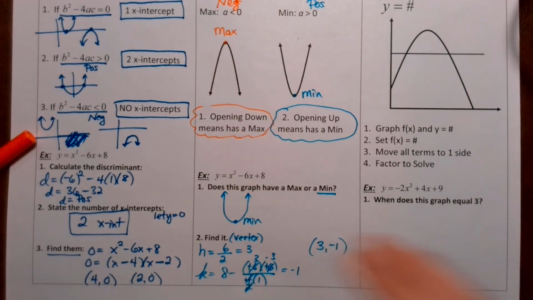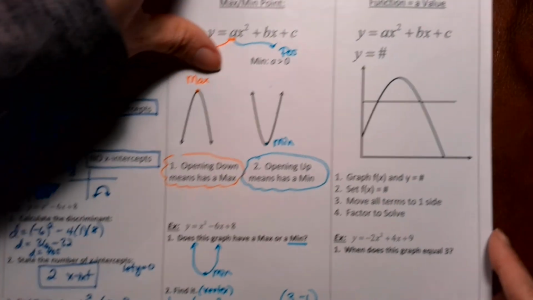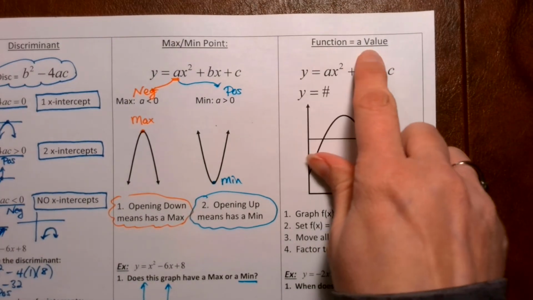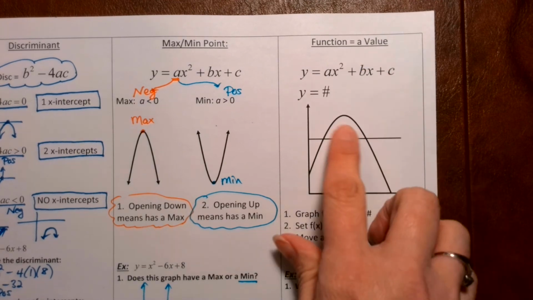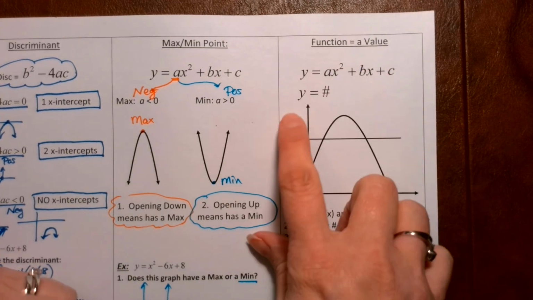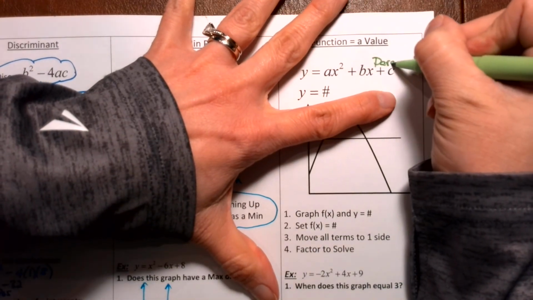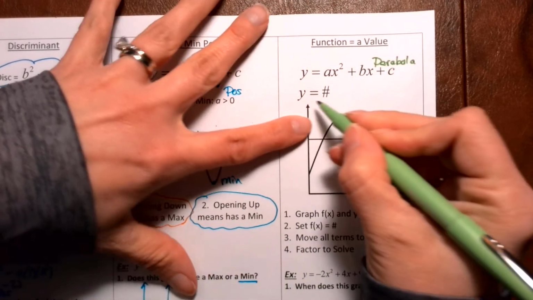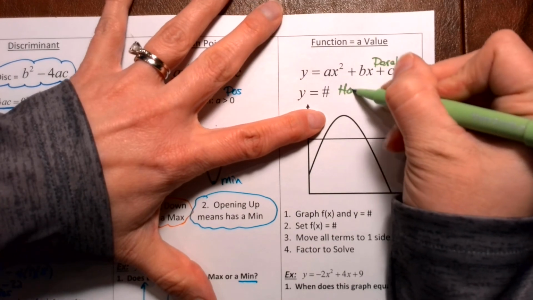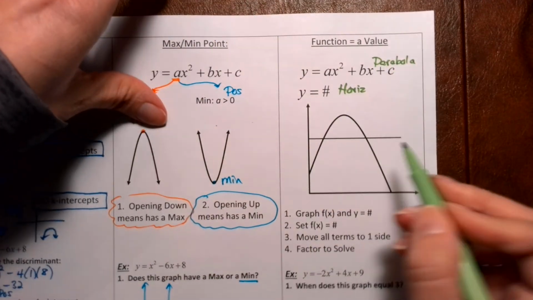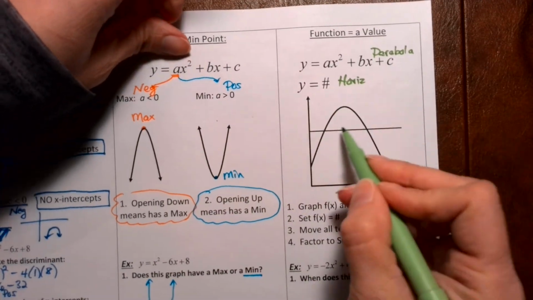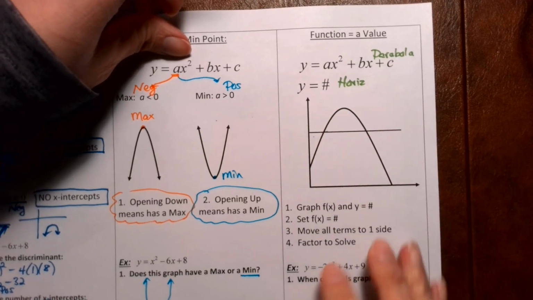All right, the last thing that we studied was when you have a function equal to a value. For example, here I have a parabola, and then we've got y equals a number. This would be a parabola since it's a quadratic, and y equals a number means it's going to be a horizontal line. The horizontal line may touch no times, may touch 2 times, or it might touch just 1 time.